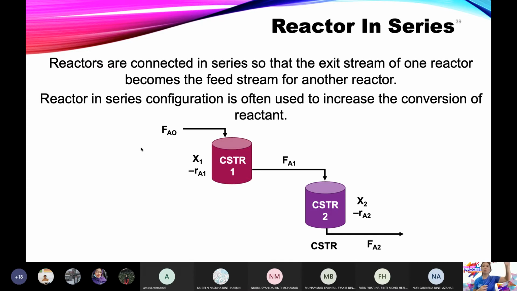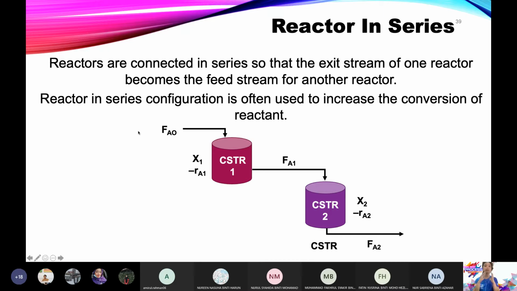Sebab dia akan mengalir keluar masuk pada reaktor kedua. Reaktor kedua punya molar flow rate tu kamu dah tak kacau. Kamu hanya kacau pada reaktor pertama yang kamu adjust tu. Itulah molar flow rate untuk keseluruhan tindak balas. Meaning at second reactor you do not disturb the molar flow rate. Subsequently you do not disturb the molar flow rate. You just let it happen. First thing.